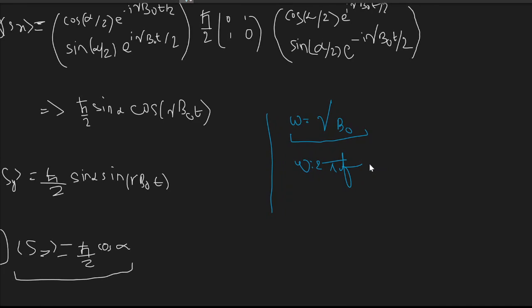So this is all about the spin states and all of the mathematics of the spin, how the expectation value in the x, y, and z direction is dependent or independent of time. As you can see that in the z direction, the expectation value is constant. It does not depend upon time, but in other cases, it depends upon time.